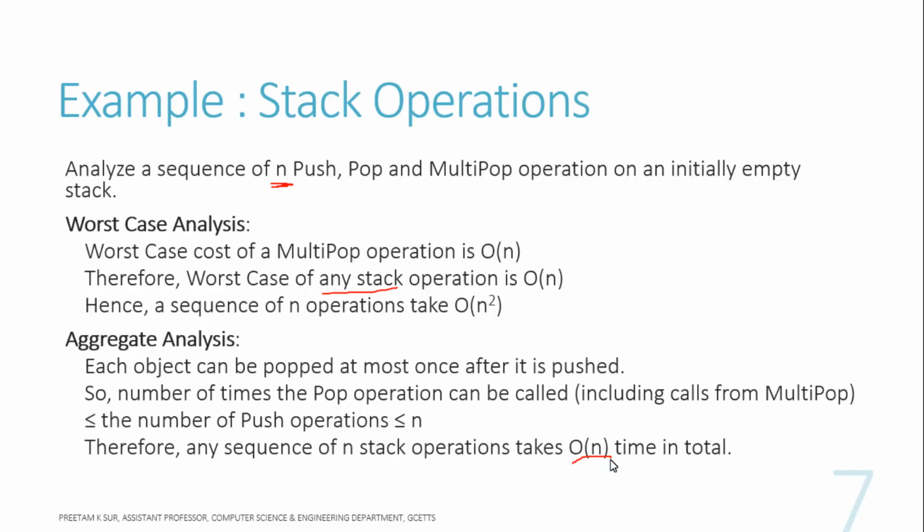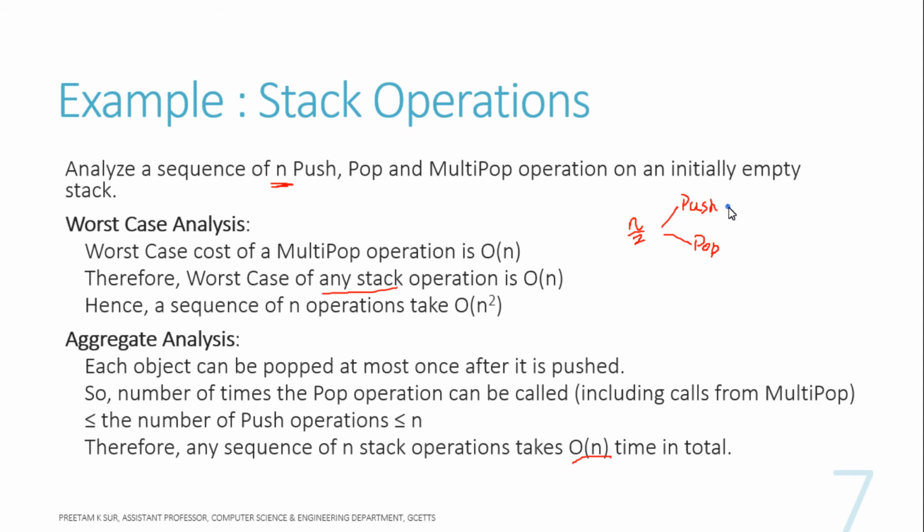Similarly, you can also consider the first n by 2 operations in the sequence to be push and the next n by 2 to be pop, right? So if the first n by 2 operations are push and the next n by 2 operations are pop, then what will be the total time taken by this sequence of n operations?